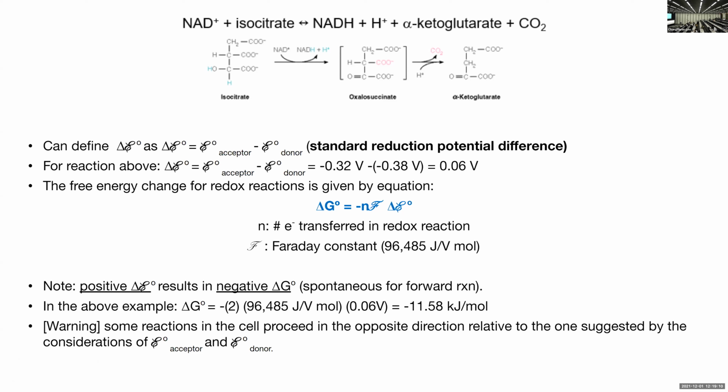So even if there are two redox half reactions, there are other reactions. For example, a decarboxylation is one example here. Other reactions are coupled there too, to make things a little more complicated. Also, these reactions can happen under conditions other than standard conditions, so that can also change the direction or affect the spontaneity of the reaction.